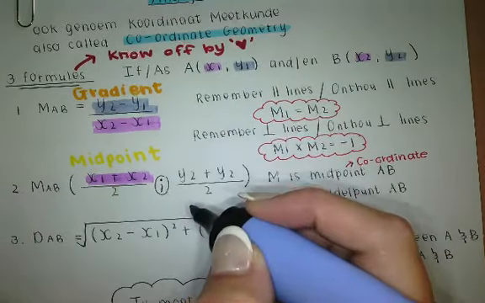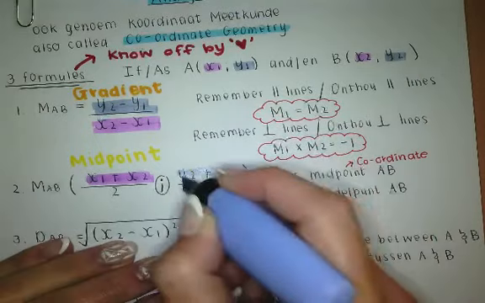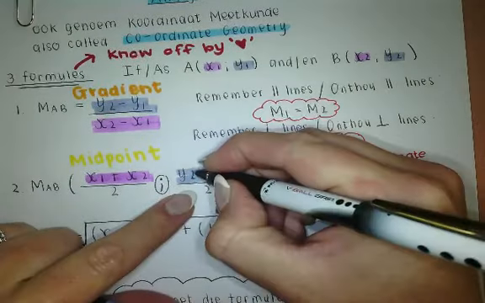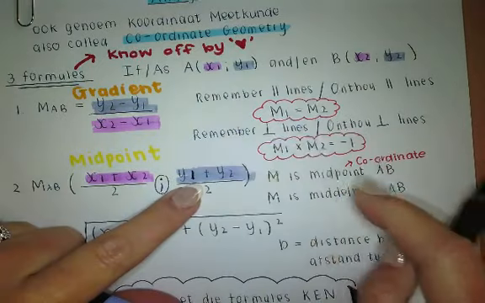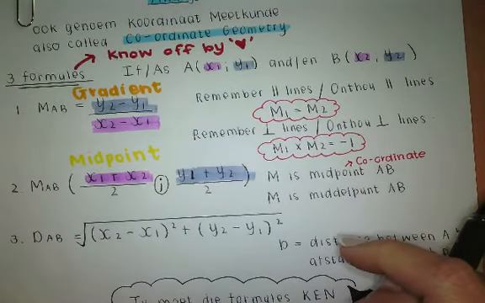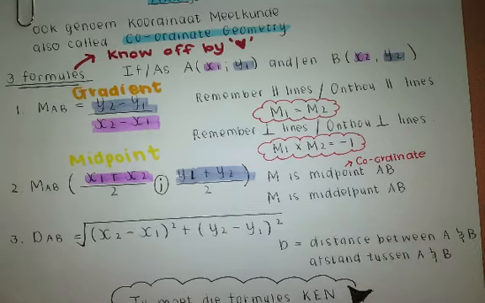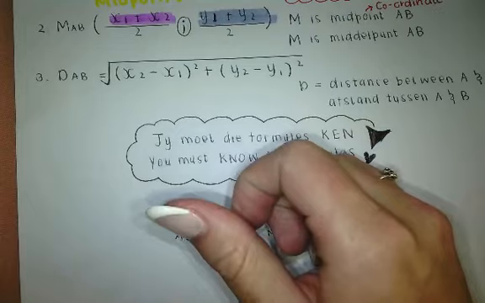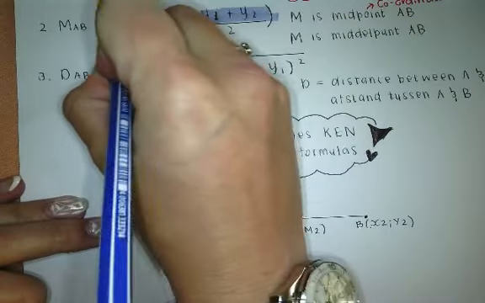And to calculate the y part of my midpoint coordinates, let's fix this quickly. This is supposed to be a 1. And we're going to divide it by 2. Do we understand? Right, and lastly is our distance formula.